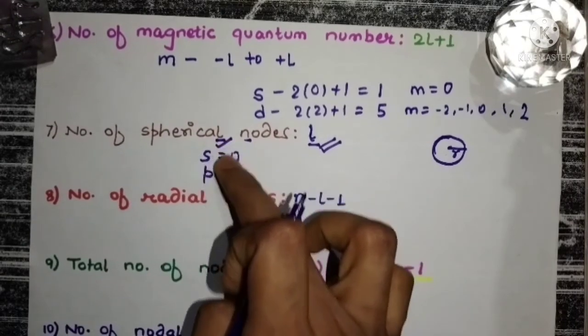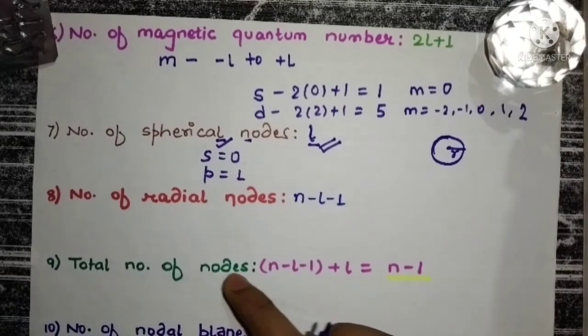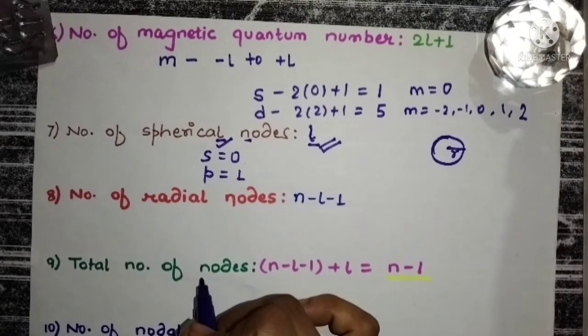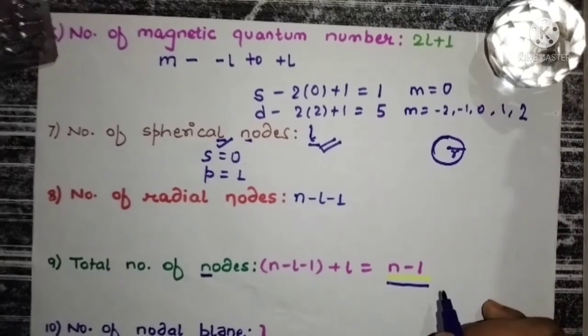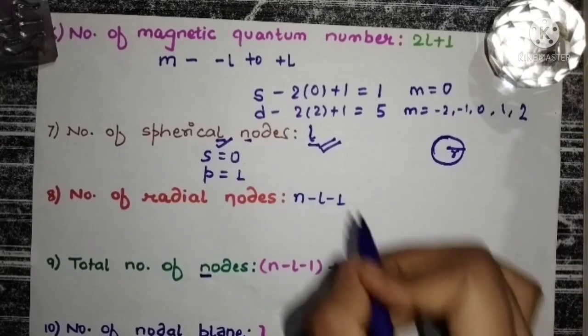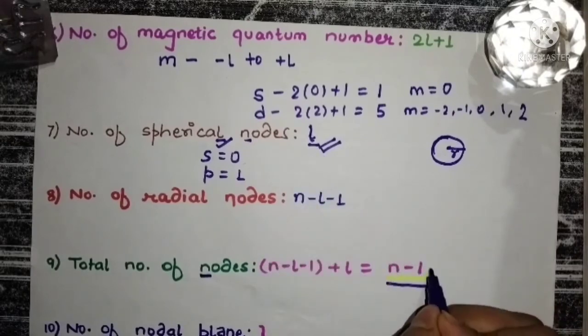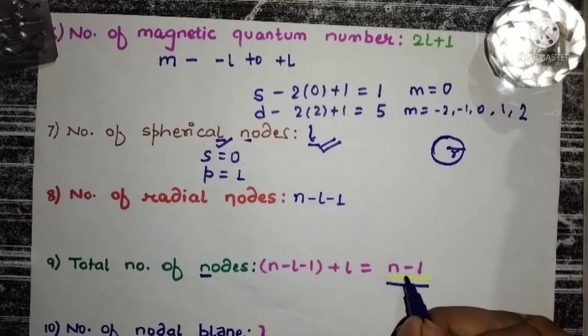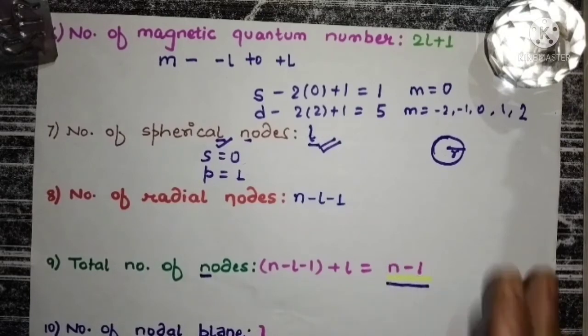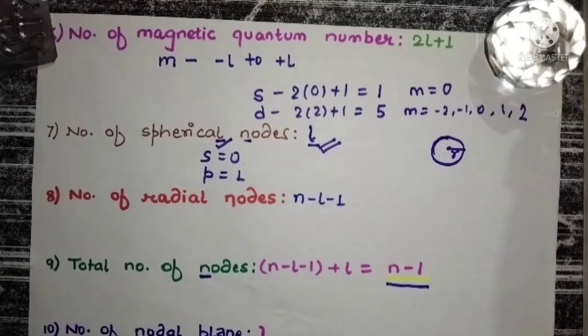In both of those, L is present, but here nodes is present, so only the n term is present. So in the formula only the n term will be present. So this is the trick, that you don't have to use the L value in the formula, you can get the total number of nodes just by the n value. So the formula is n minus 1. So this is the trick to learn this formula.